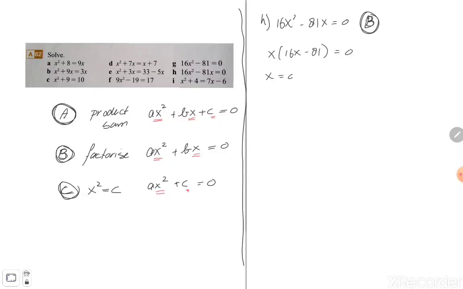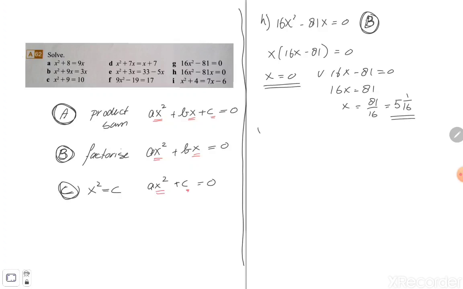So x is 0, or 16x minus 81 is 0. So 16x is 81. So 1x is 81 over 16. And now we can simplify it as 5 1 over 16. So the two solutions are x is 0 or 5 1 over 16.